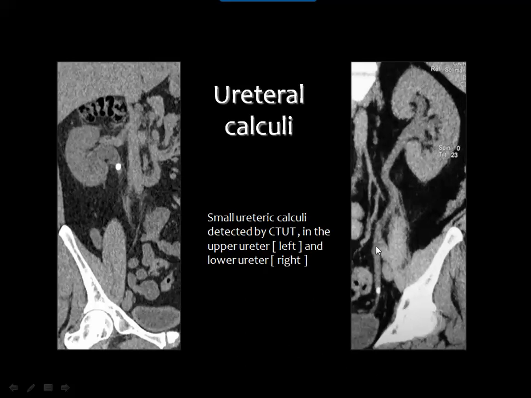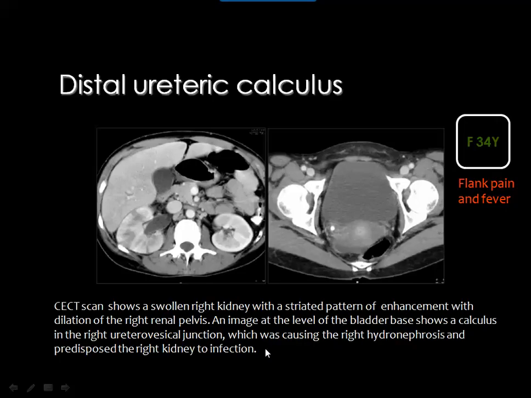And this is an example of a distal ureteric calculus with proximal back pressure effect, and this is a proximal ureteric calculus with distension of the renal calyces. And this is a CT scan of a patient with flank pain on the right side and fever.